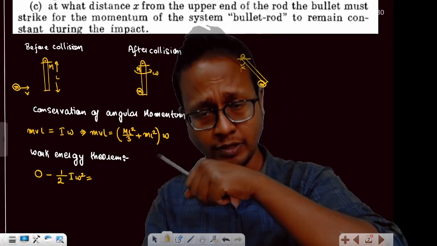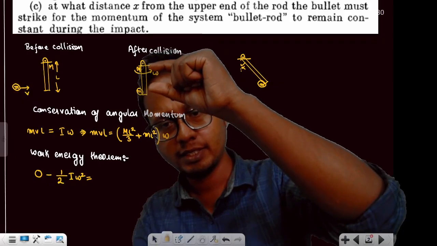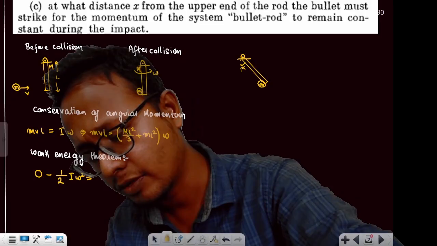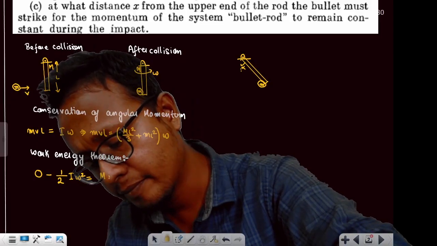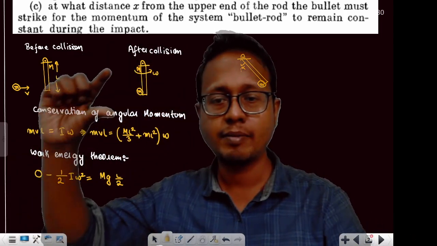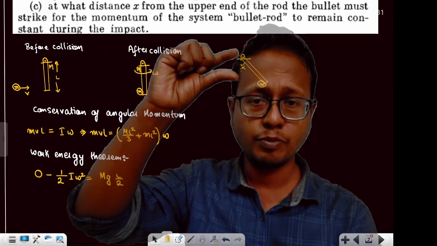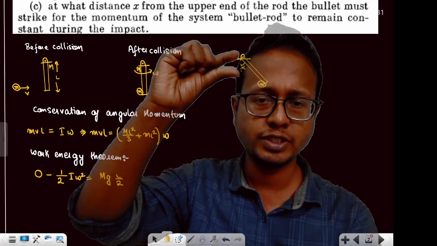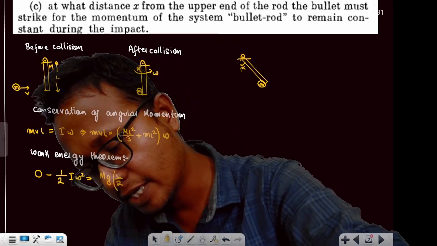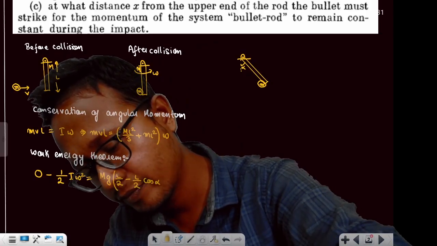The work done by gravity depends on how much the center of mass of the rod has moved up. L by 2 is the initial position of the center of mass of the rod, and the final vertical position is L by 2 cos alpha. So the work is mg times L by 2 minus L by 2 cos alpha.